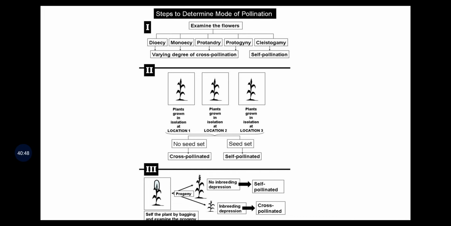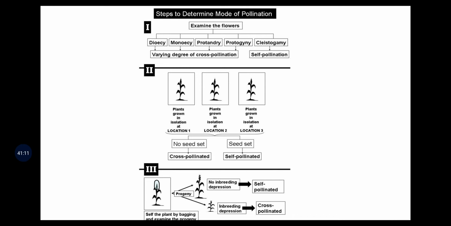Then protandry, where the androecium matures first, and protogyny, where the gynoecium matures first. Then cleistogamy is the closed flower condition, which is observed in wheat and such kind of self-pollinated crops. Cleistogamy promotes self-pollination, and dioecious, monoecious, protandry, protogyny promote various degrees of cross-pollination.